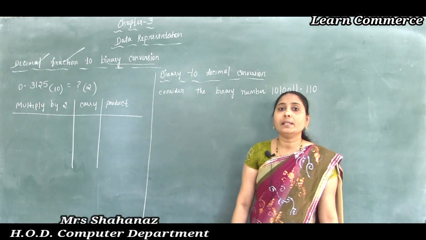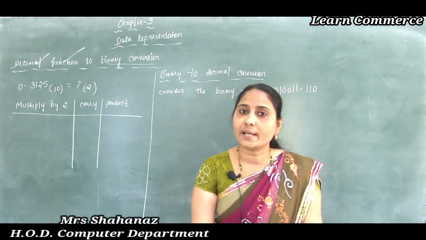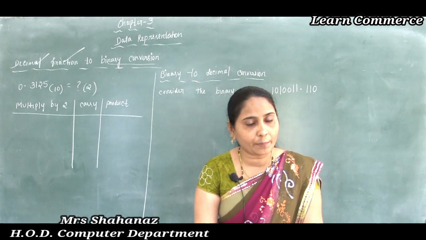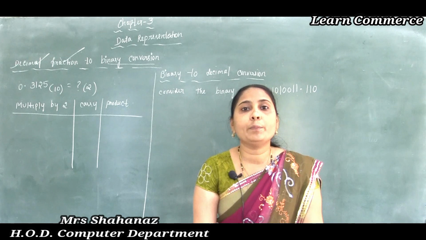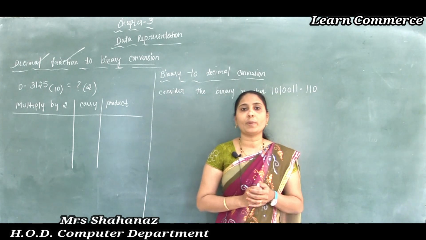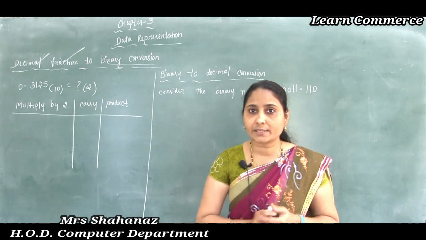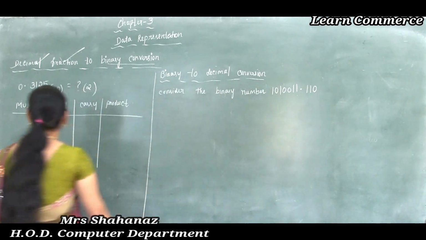As we know, the base or radix of the decimal number system is 10, and the radix or base of the binary number system is 2. Correct? That is how we are going to convert.